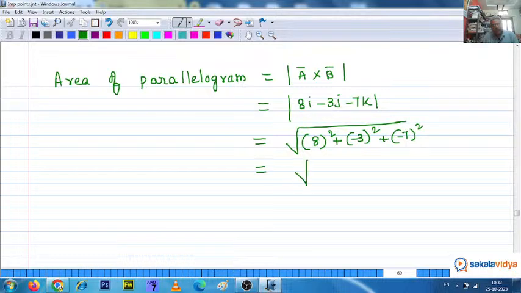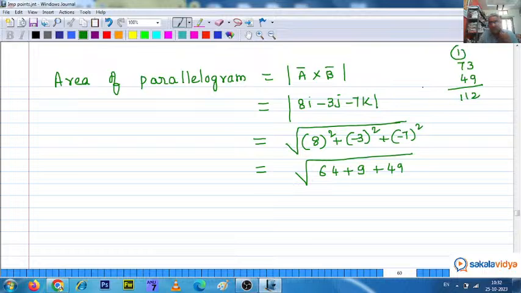So 8 squared is equal to 64, minus 3 squared is 9, minus 7 squared is 49. So 64 plus 9 is 73, 73 plus 49 is 122, square root of 122.